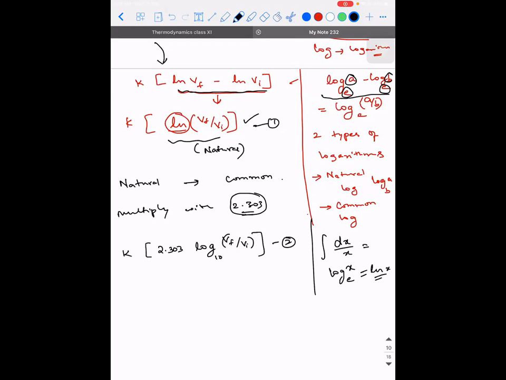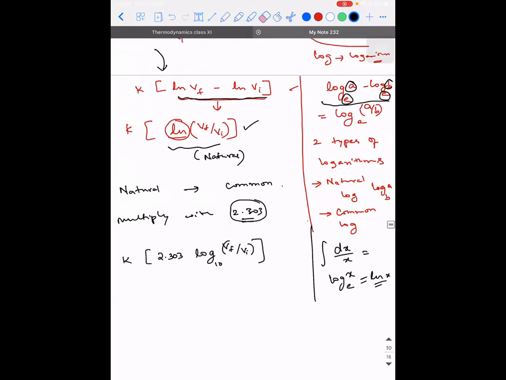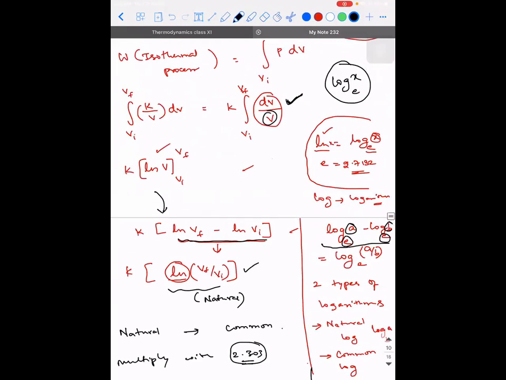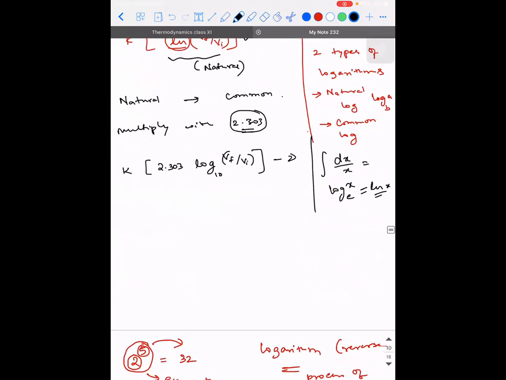Okay, so understood. So k into 2.303 into log Vf by Vi base 10 is the work done. But k is not the term that is given in the question. So if I take this as 1 and this as 2, from 1 I can say k is nothing but nRT.